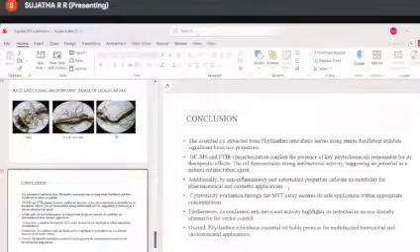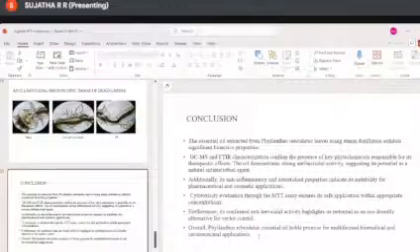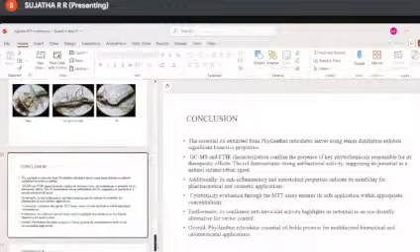The cytotoxicity was tested using MTT assay, and for application we tried larvicidal activity, and overall we found that Phyllanthus reticulatus essential oil has promising larvicidal activity. Therefore it can be used as a compound to control mosquito population. Thank you, ma'am.